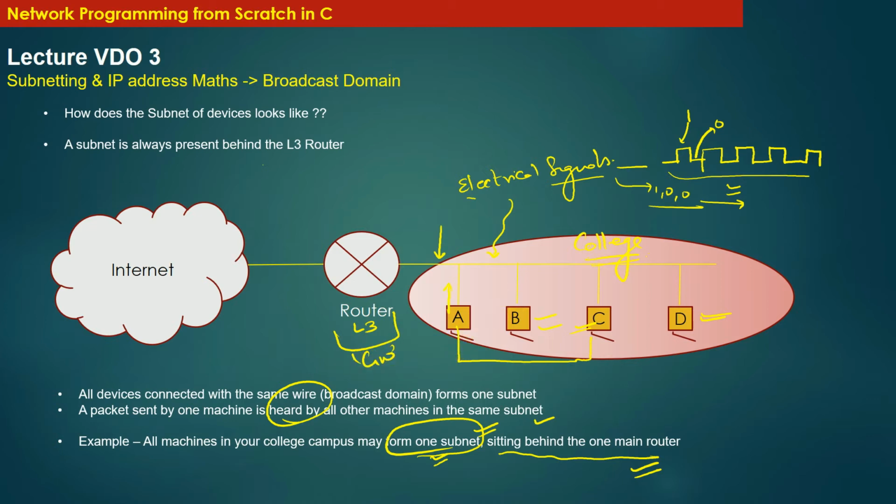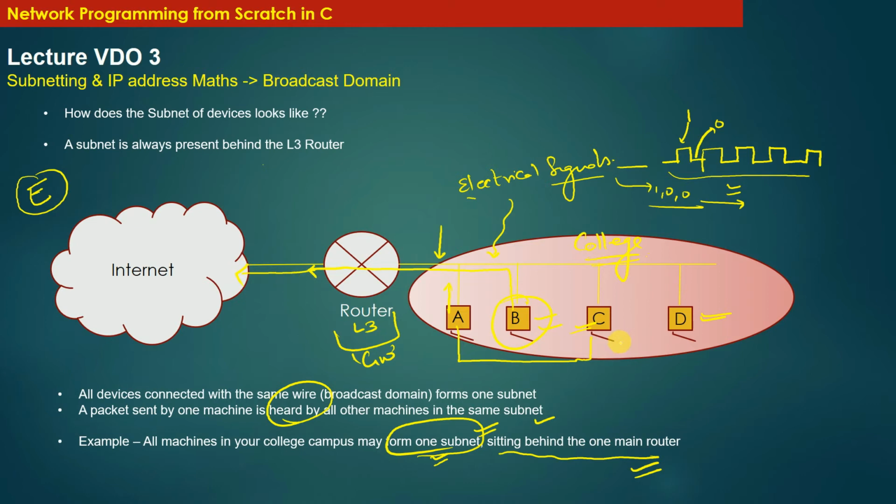So this is how the broadcast domain, or multiple machines present in the same subnet, are organized along with the L3 router. For example, if machine B wants to communicate with some machine, let's say E, which is present elsewhere in the internet, then all the data generated by machine B has to go through the L3 router to the internet.